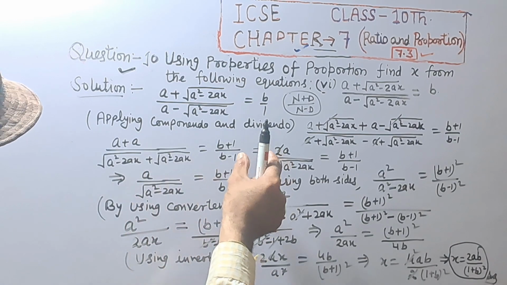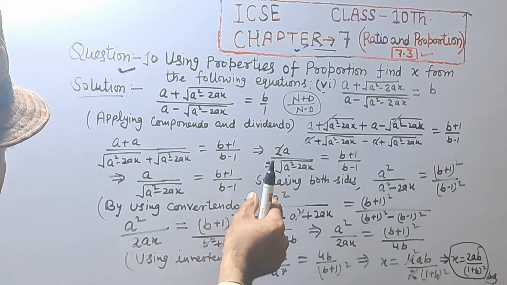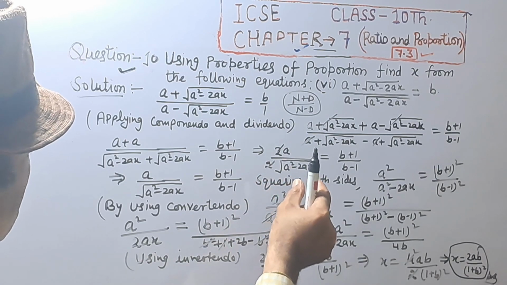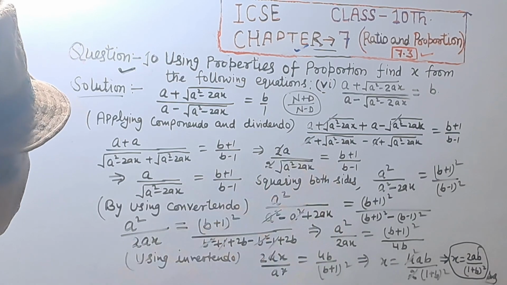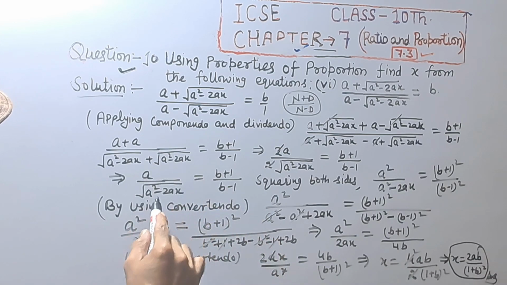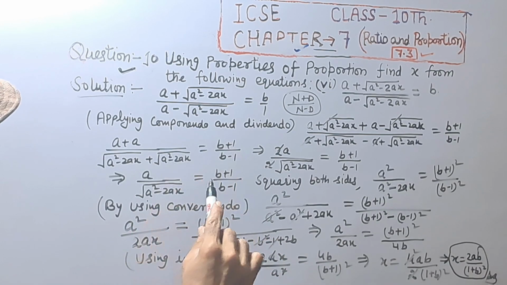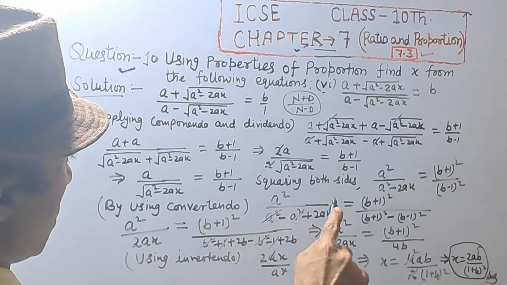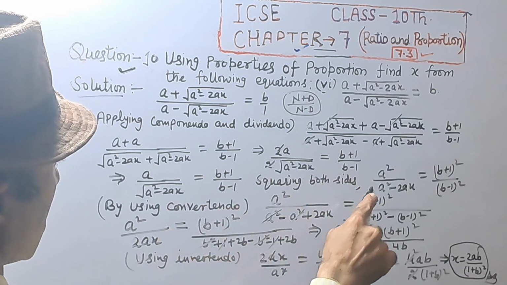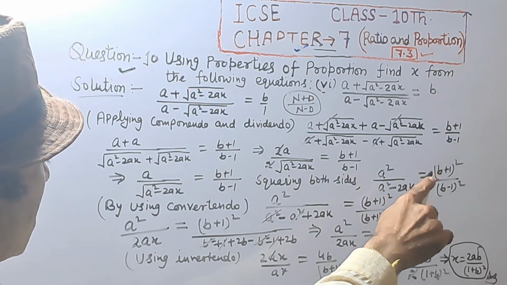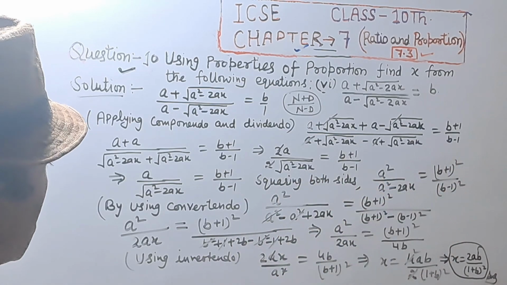That is equal to 2 times a divided by 2 into √(a² − 2ax). 2 is cancelled and we get a upon √(a² − 2ax) equal to (b + 1) upon (b − 1). Squaring both sides, we get a² upon a² − 2ax is equal to (b + 1)² divided by (b − 1)².